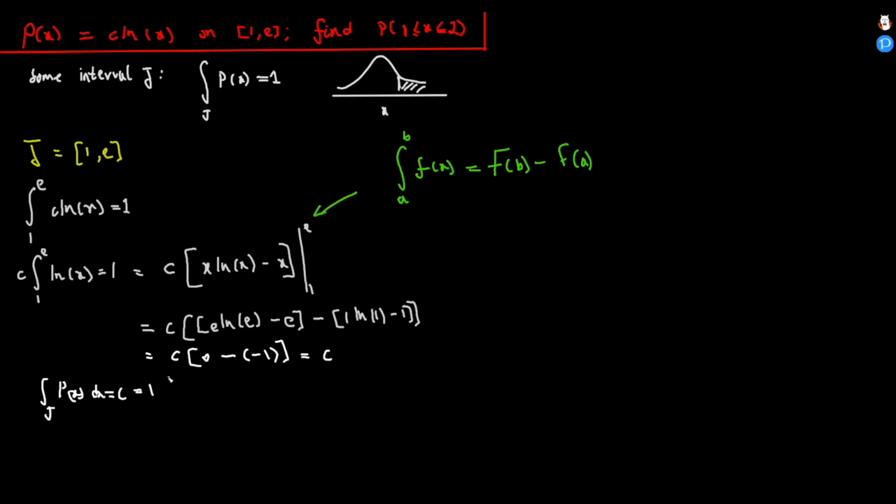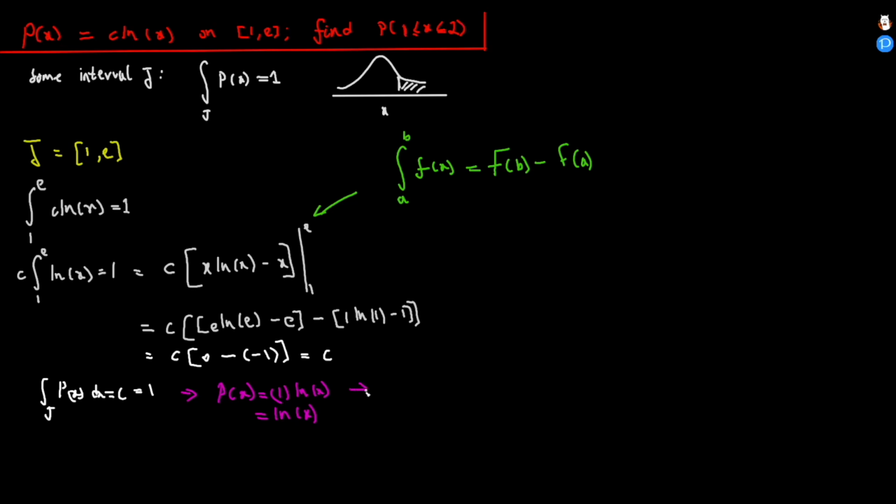Now we've solved for this, so let's rewrite it. p of x equals 1 times ln of x, so just ln of x.